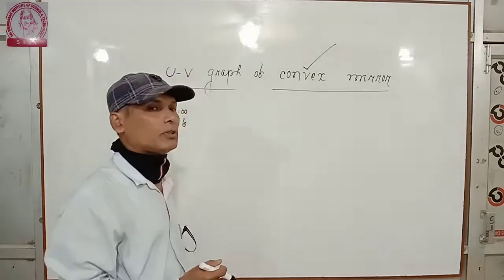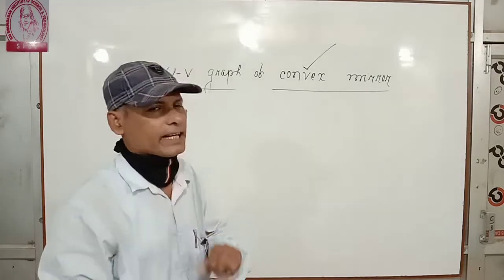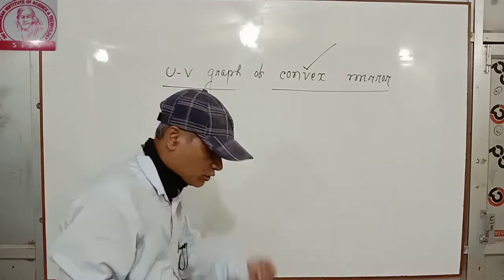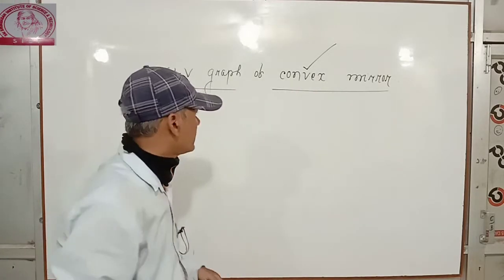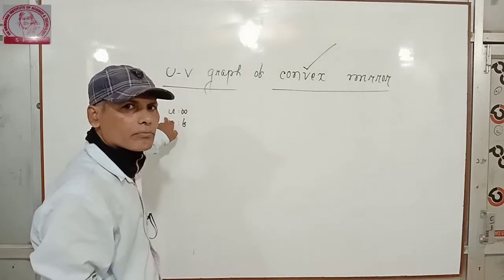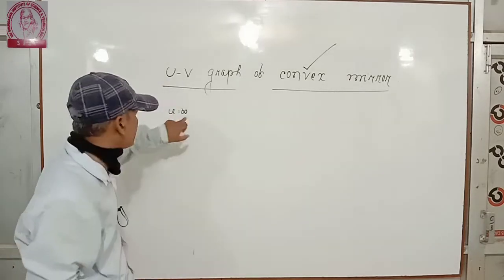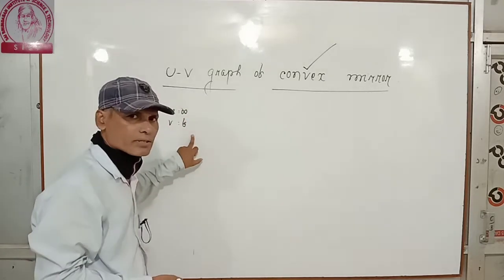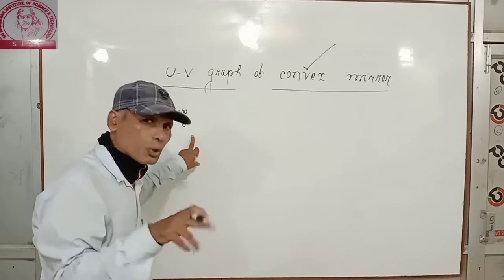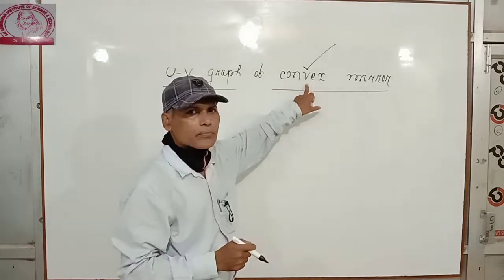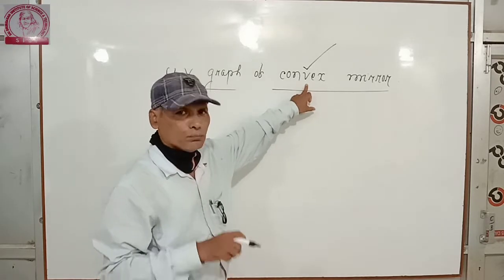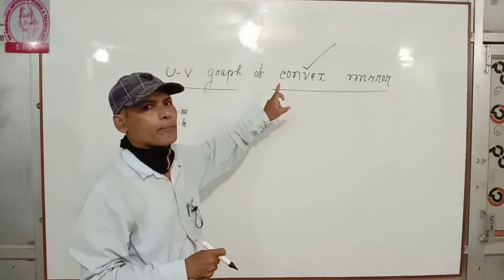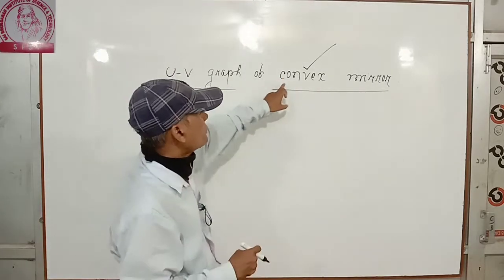So you have to go through all the diagrams in the notes that I have provided to you from top to bottom, by which you can find the position of the object at infinity and the position of the image at the focus. In the notes for convex mirror, you have to follow from top to bottom, not in case of concave mirror, but in case of convex mirror.